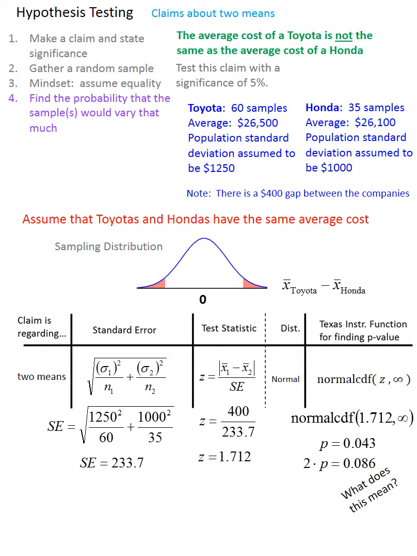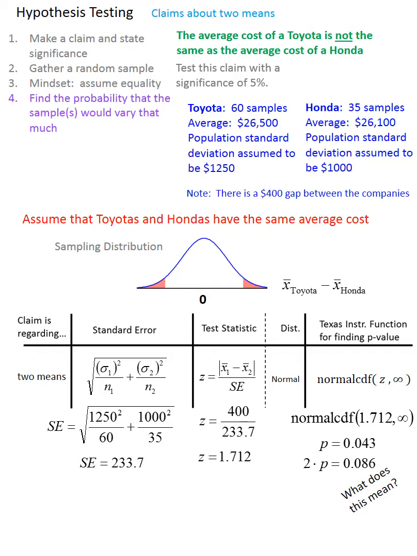Why is this, and what does that mean? Well, the 4.3% represents the probability specifically that the gap is more than $400 with the Toyota sample average being higher. So let me restate that.